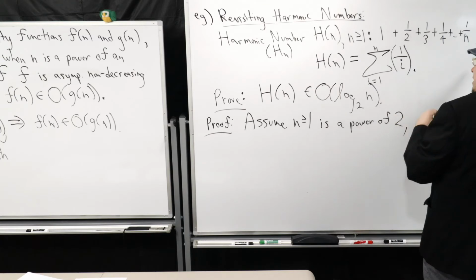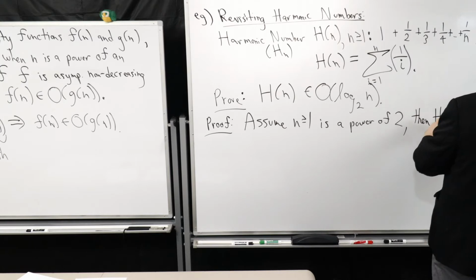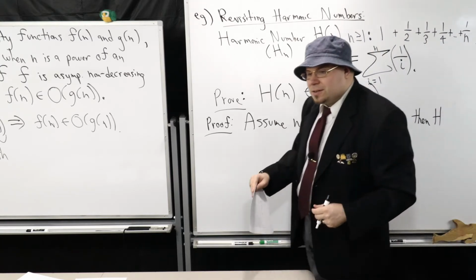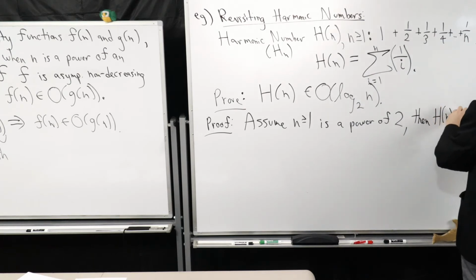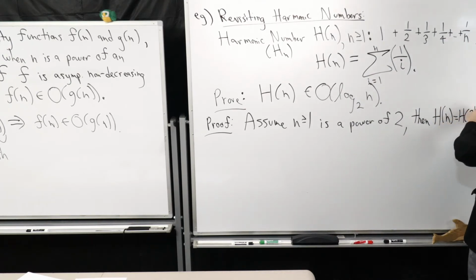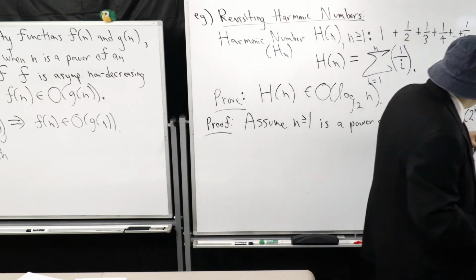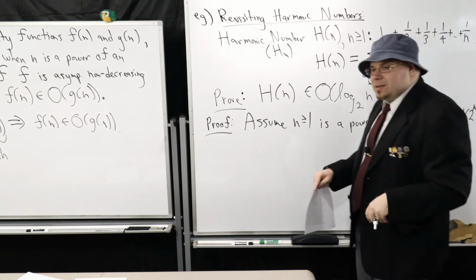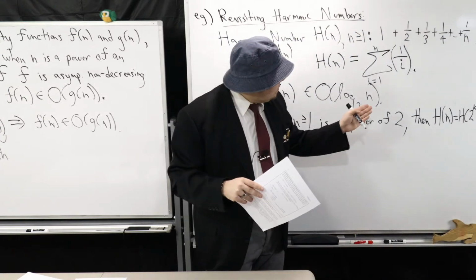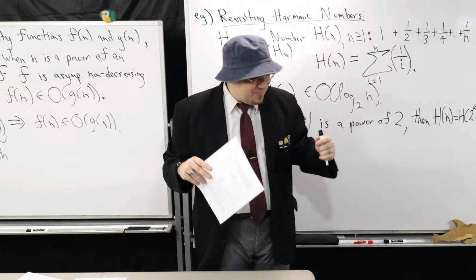So if I assume n is a power of 2, then h of n is equal to h of 2 to the power of k. Sorry, not h, n is a power of 2.